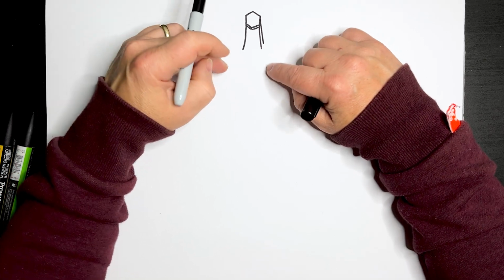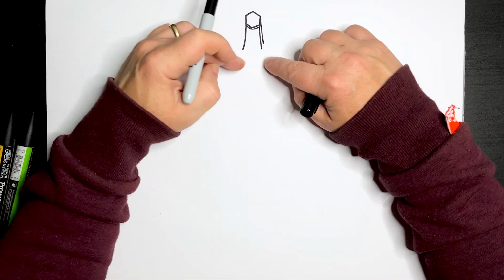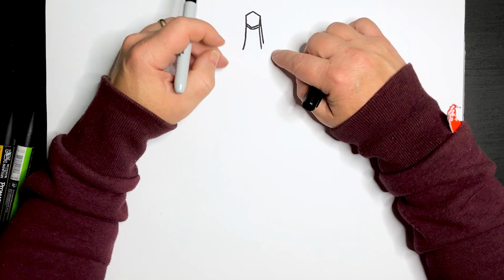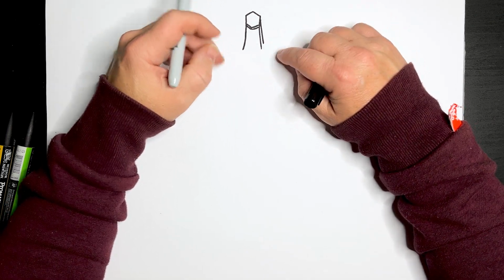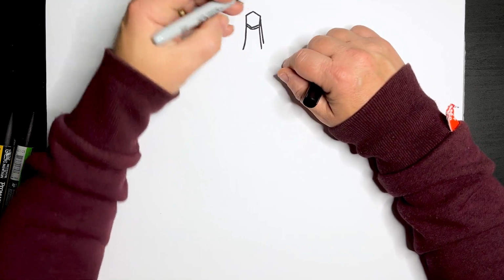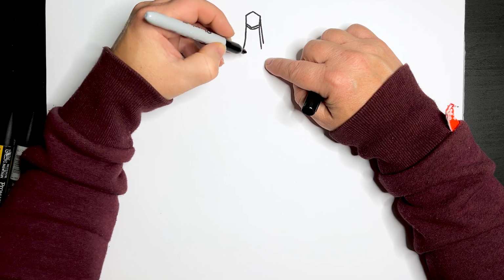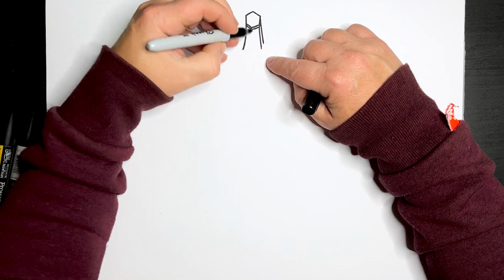Okay, now I've got those bits in. What I'm going to do is work out where it's got these big eyeglasses or sunglasses, quite steampunky. Actually, maybe they're goggles. So I'm going to pop those in, yeah? I'm going to denote that by popping two circles into this area here.